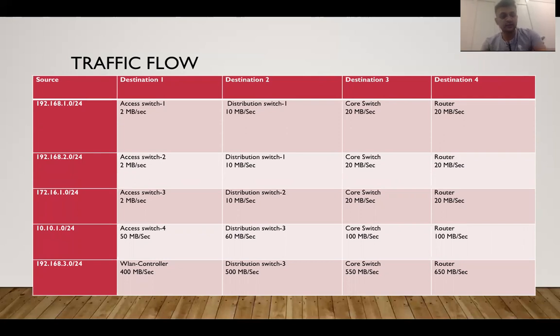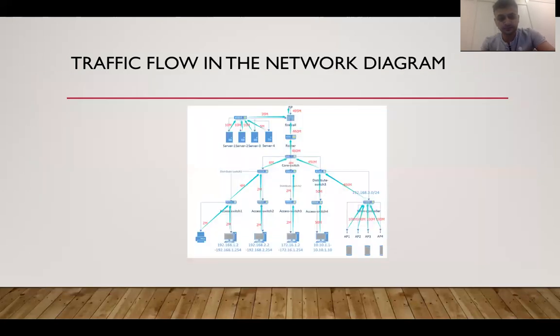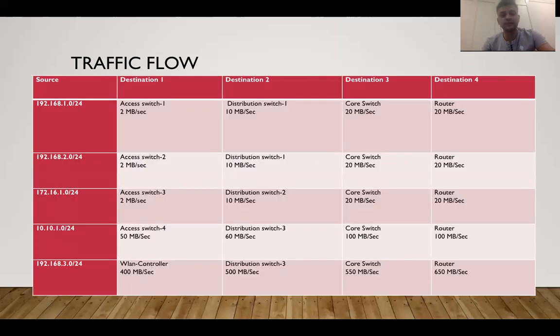Similarly, talking about the sales and marketing department, we have allocated 192.168.1.0 IP address. From here, it takes 2 Mbps of data for destination 1. For destination 2, the data will be accumulated, and it will be 10 Mbps. In destination 3, the data will be 20 Mbps. Similarly, in destination 4, the data will be accumulated and will become 20.